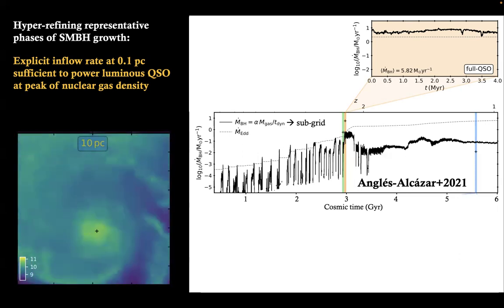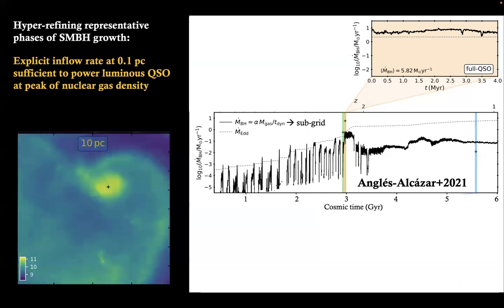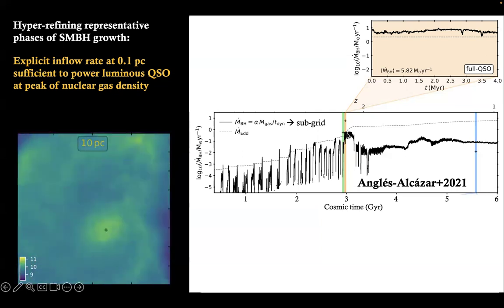So this has been a long-standing issue, to understand how galaxies can funnel down to the black hole enough gas to explain the luminous quasars that we see. And actually, for this particular galaxy, we chose the snapshot that had the highest densities at the center.